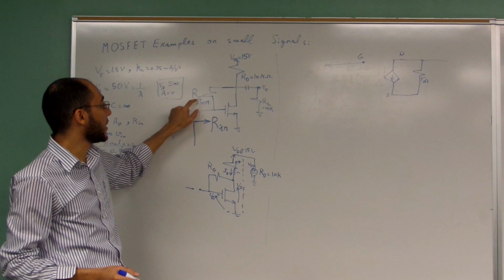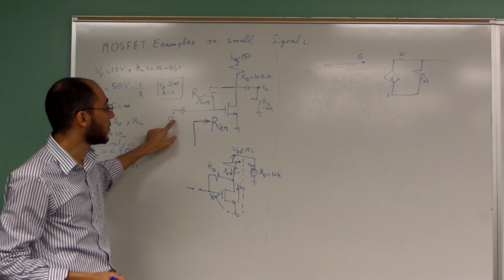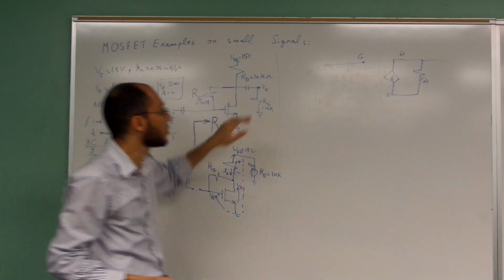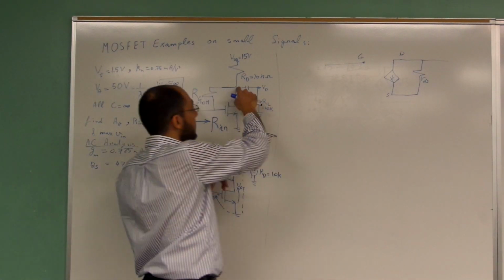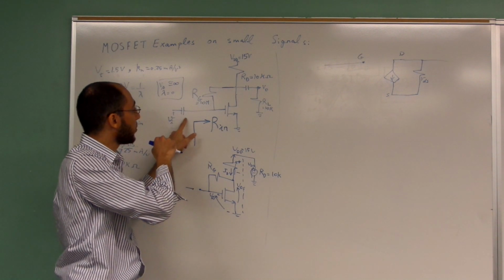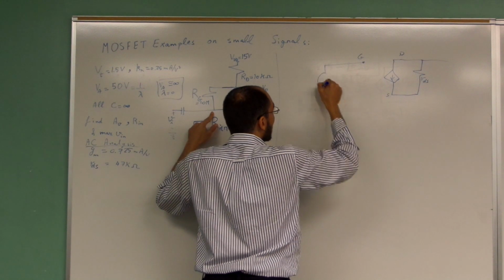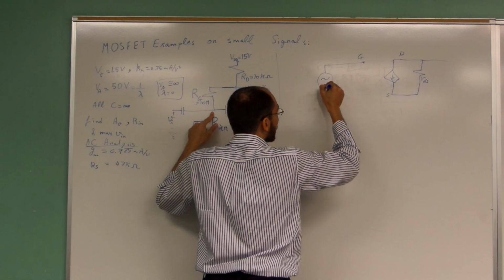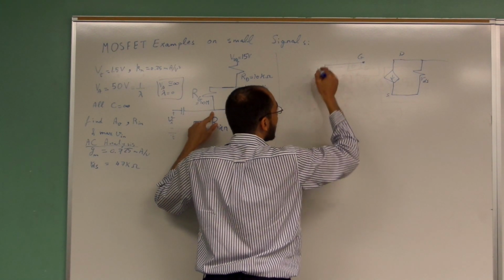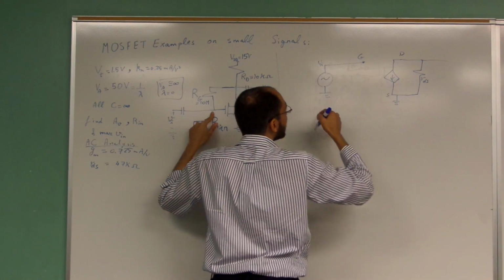We need right now to connect the gate, the drain, the input and the output, as well as the R load. Let's begin with the input. The V input is coupled to the gate through a capacitor, which is assumed to be a short, and that is why the input source is connected like this.